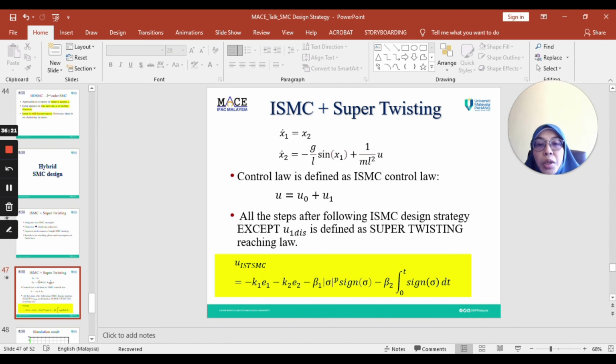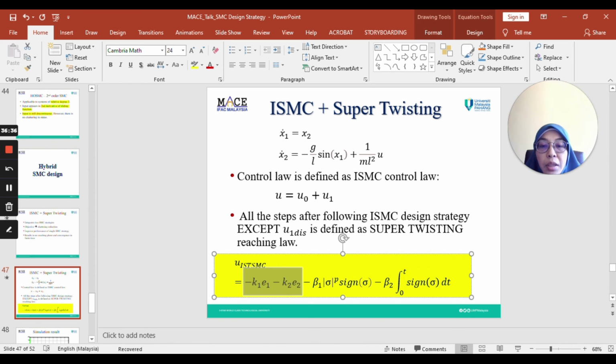So we have overall ISMC plus super twisting, or any name that you want to name it. This is the portion of U0. We don't have U equivalent, we just have U discontinuous.